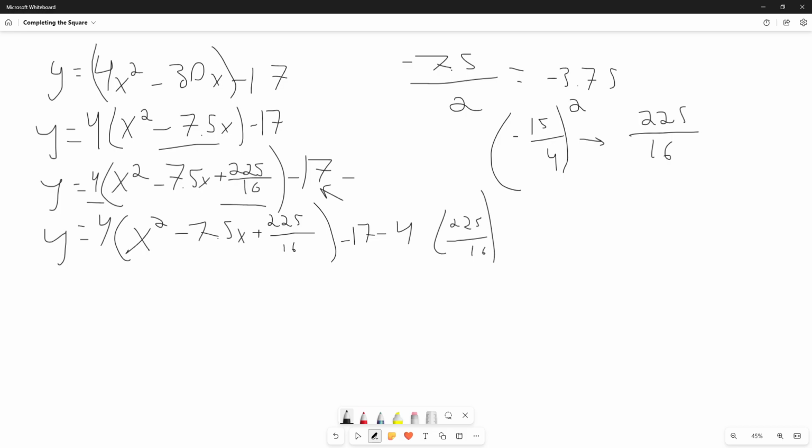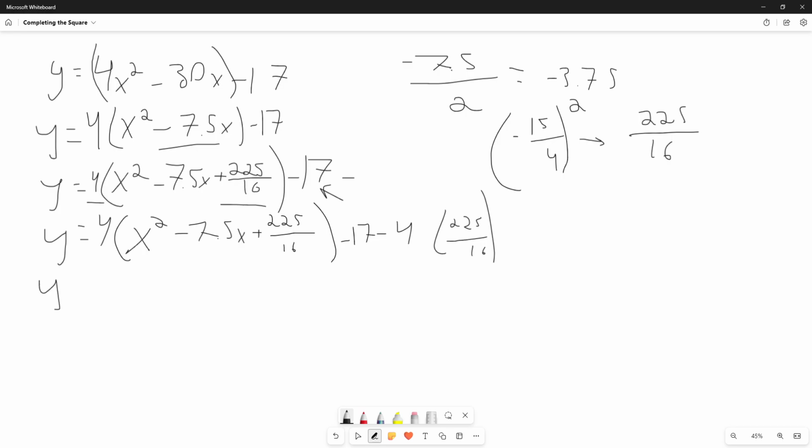Now feel free to do this in your calculator. It will help much better. It will give you more precise numbers. So 4 times 225 is 900 divided by 16 minus 17 minus 4 times 225 divided by 16 gives you minus 73.25.